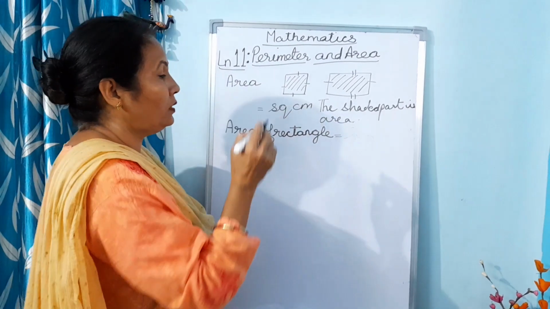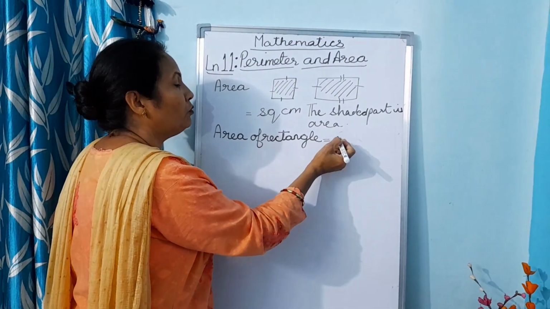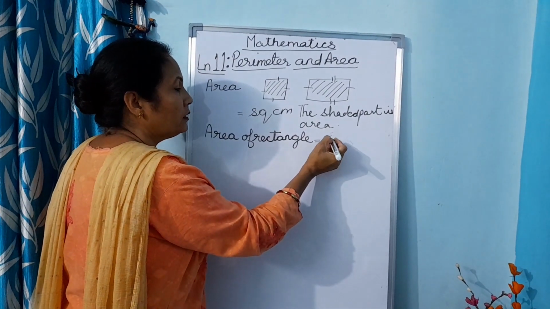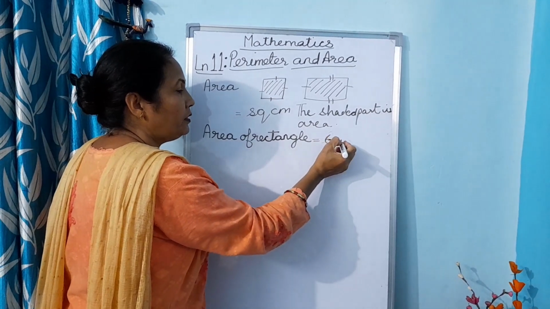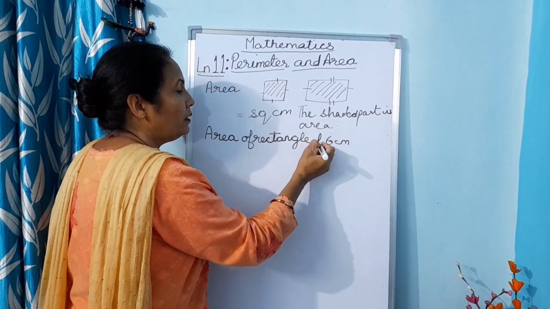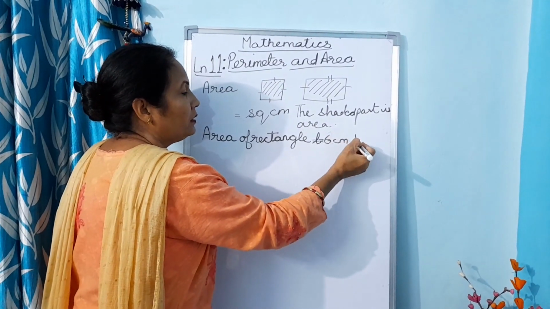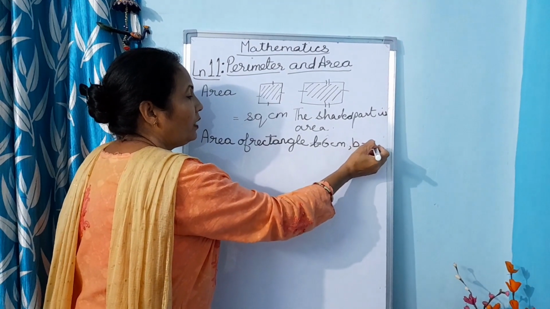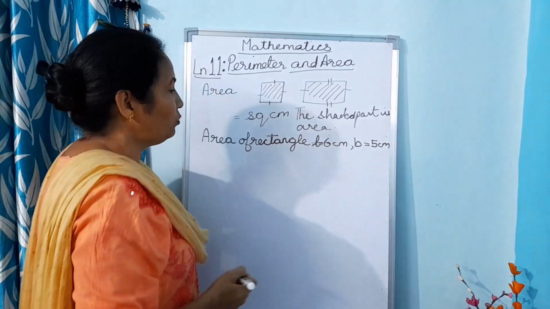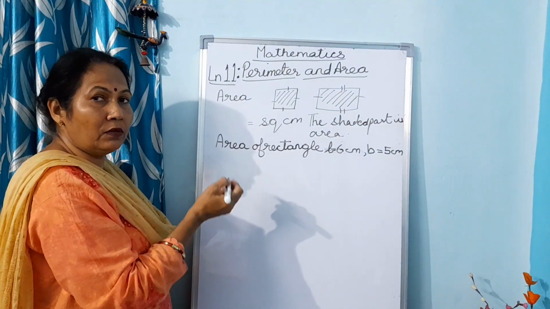Area of rectangle. Now one side, that is length, is equal to 6 centimeter and breadth is equal to 5 centimeter. Now you have to solve it according to the formula.